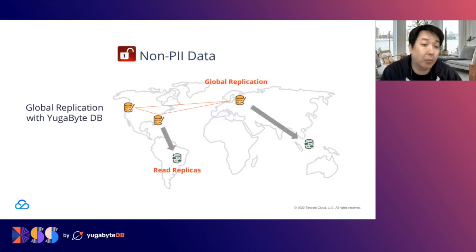While you don't replicate the sensitive data, the non-private data is automatically globally replicated. You can also create replicas from this to increase performance even further.